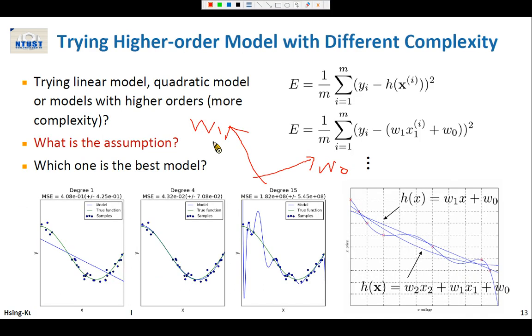So let's come back. When we have W0 and W1, we can draw a surface. The surface could be like this. I cannot easily draw the surface. It will be like a bowl. Why? Because we have W0 and W1, and when we write down the whole thing it is quadratic.